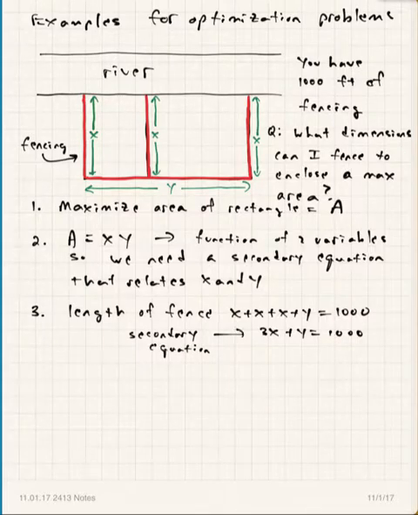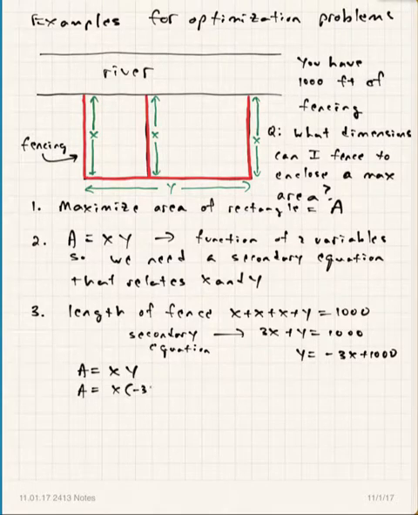All right, so what I will do is solve that equation for y. In this case, that's probably the easiest thing to do. So y is equal to negative 3x plus 1,000. And then what I do is I substitute that into my equation. I have A equals x times y, but that would mean that A is equal to x times negative 3x plus 1,000. And boom, what have I done?